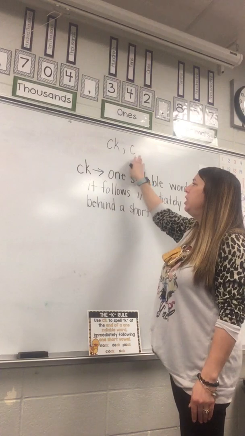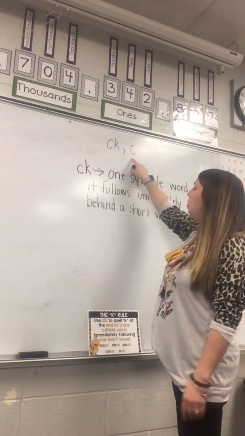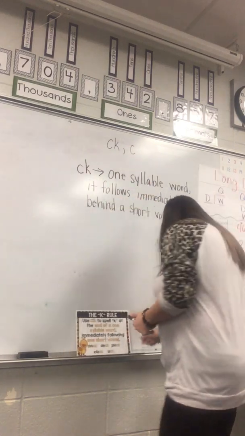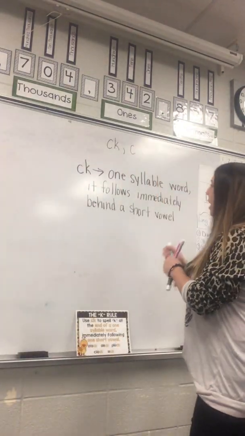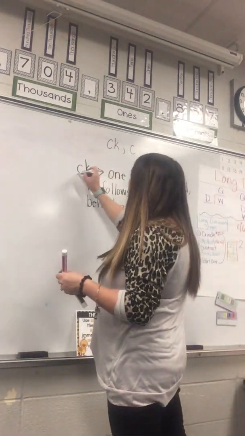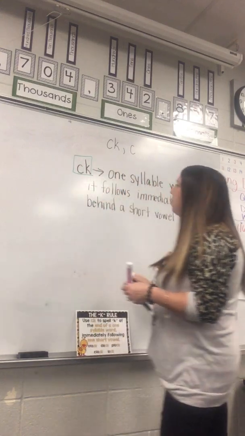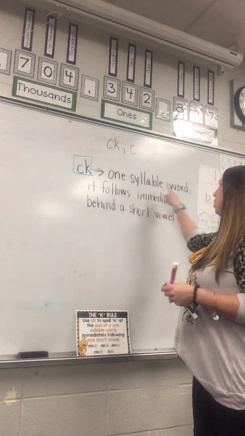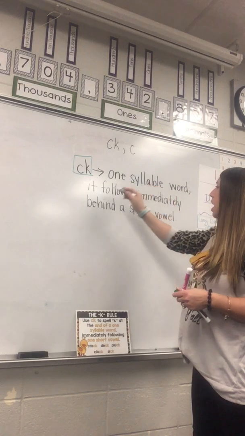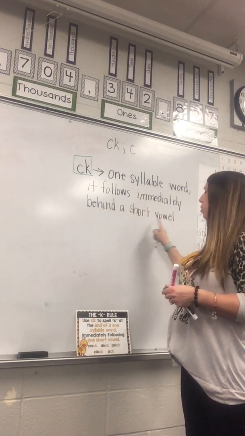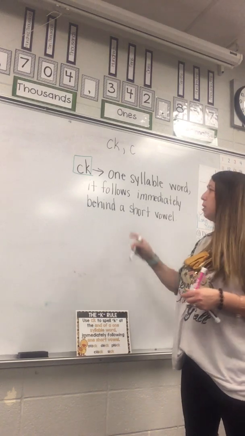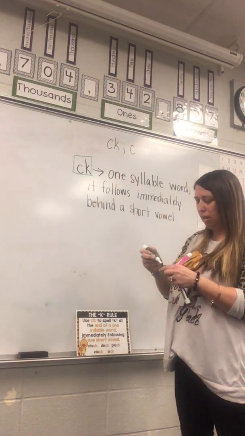We're going to figure out when we use the CK and when we use the C. So right now we learned that we use CK at the end of a word when it's a one syllable word, and it follows immediately behind a short vowel. That's when I know I'm going to use CK.